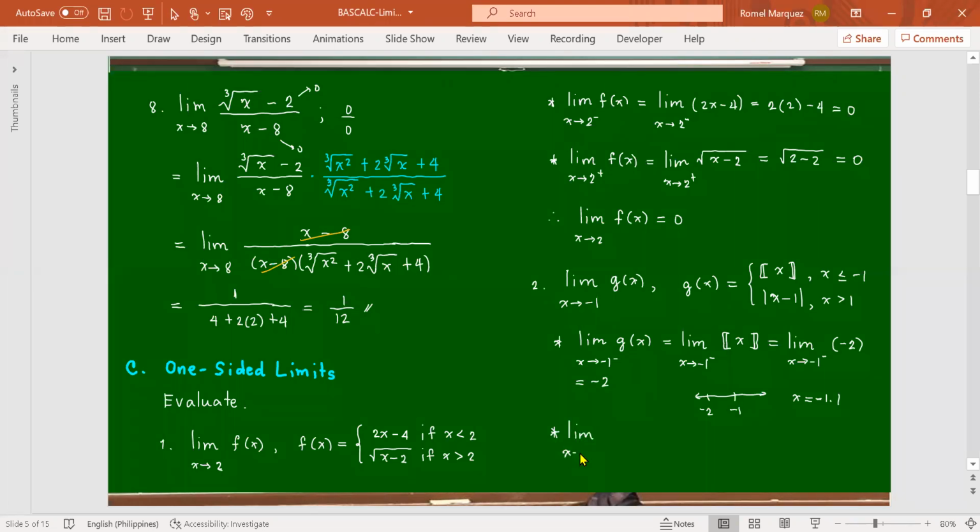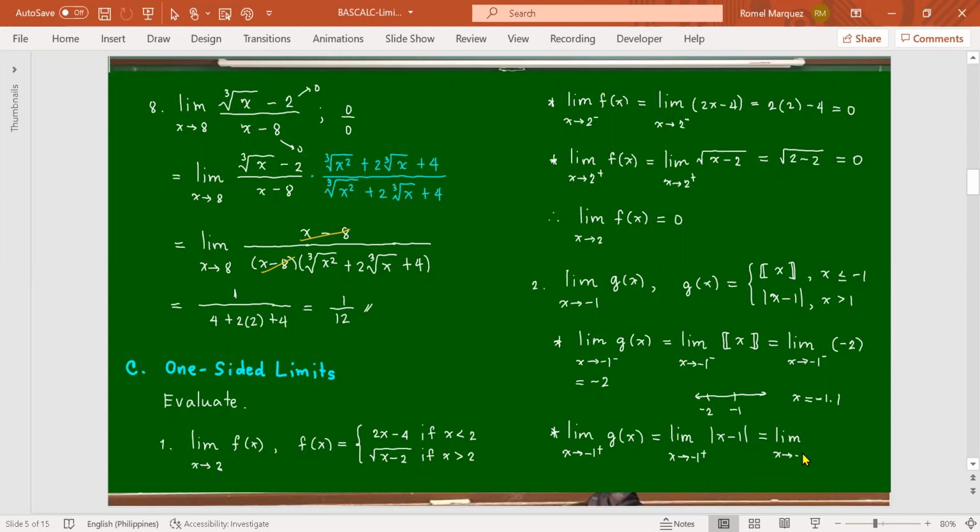Okay? What about the limit from the right? Limit as x approaches -1 from the right. I'm going to use absolute value of x minus 1, no? So this is equal to the limit as x approaches -1 from the right of absolute value of x minus 1. Pag absolute value, wala namang problema kahit wag mo nang tanggalin ang absolute value for this case. Pero kung gusto niyo simplify, okay lang.